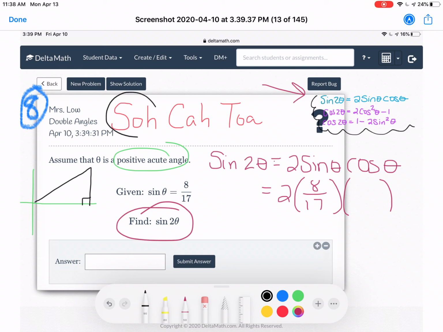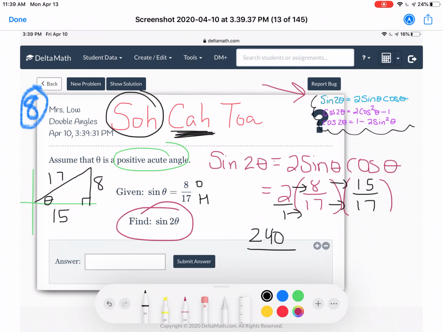I'm going to use SOHCAHTOA, opposite over hypotenuse. Here's theta. So opposite over hypotenuse. You can do Pythagorean theorem, or it's an 8, 15, 17 triple. So now cosine is adjacent over hypotenuse. So 15 over 17. Put this over 1. Multiply everybody straight across. And we're left with 240 over 289.